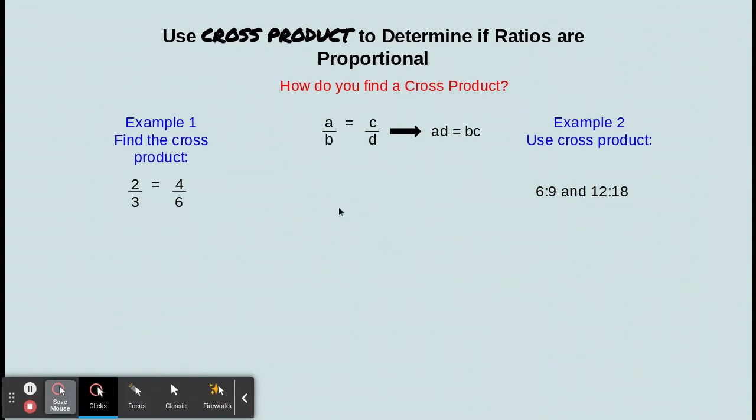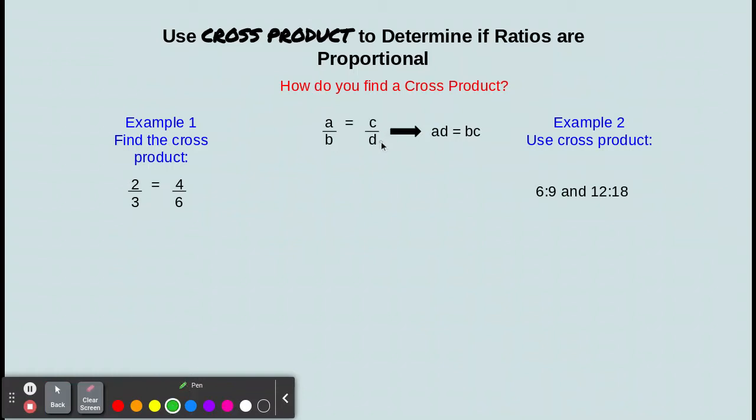Let us find another way for us to determine if ratios are proportional. We use something called the cross product. And when you use the cross product, I think in the past some of you have told me, when we were talking about other things, you mentioned butterfly. And this is kind of like a butterfly, isn't it?